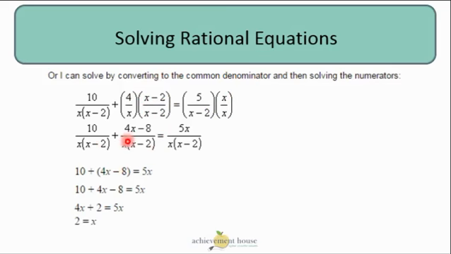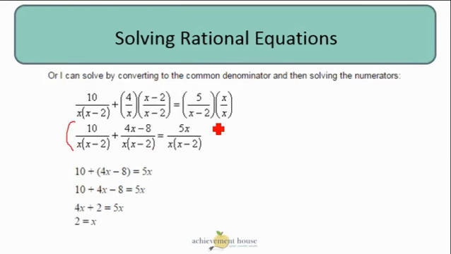And if I do that, I'll have 10 plus 4x minus 8 equals 5x, and every term is divided by x times x minus 2. Now, this step is a little easier to see.